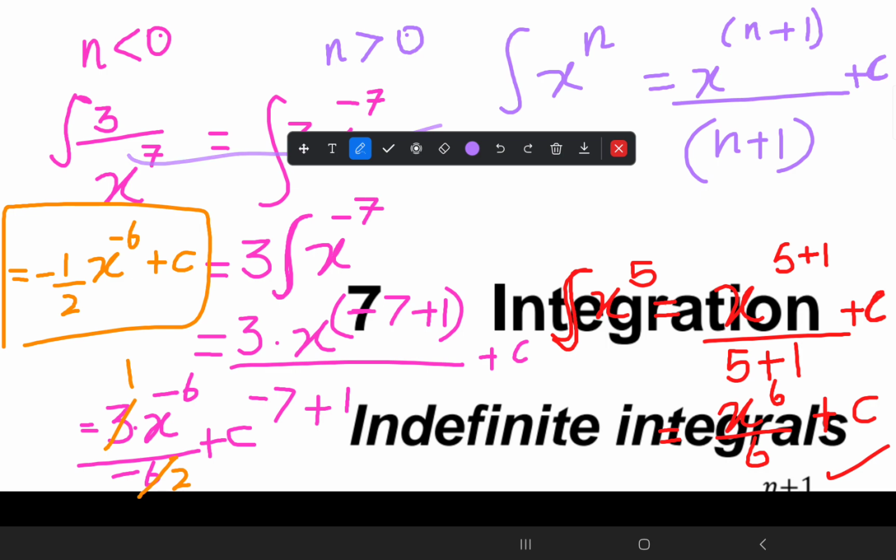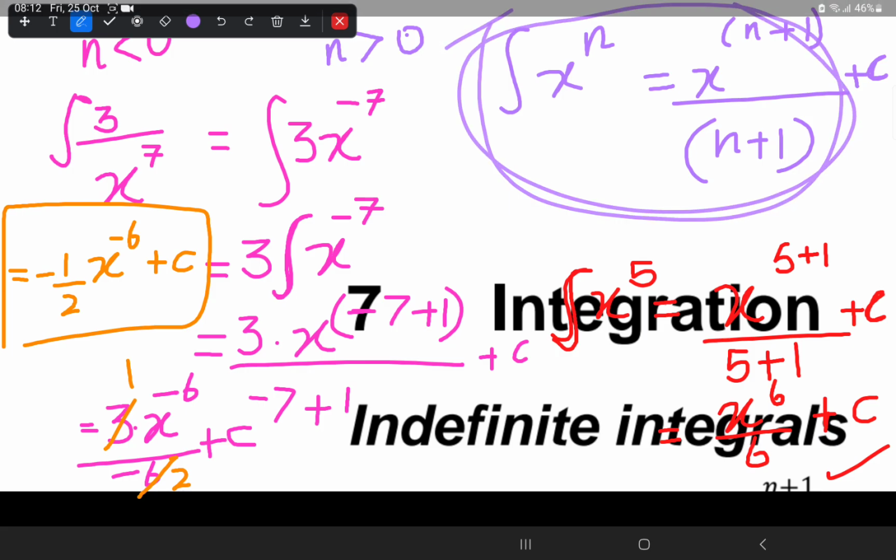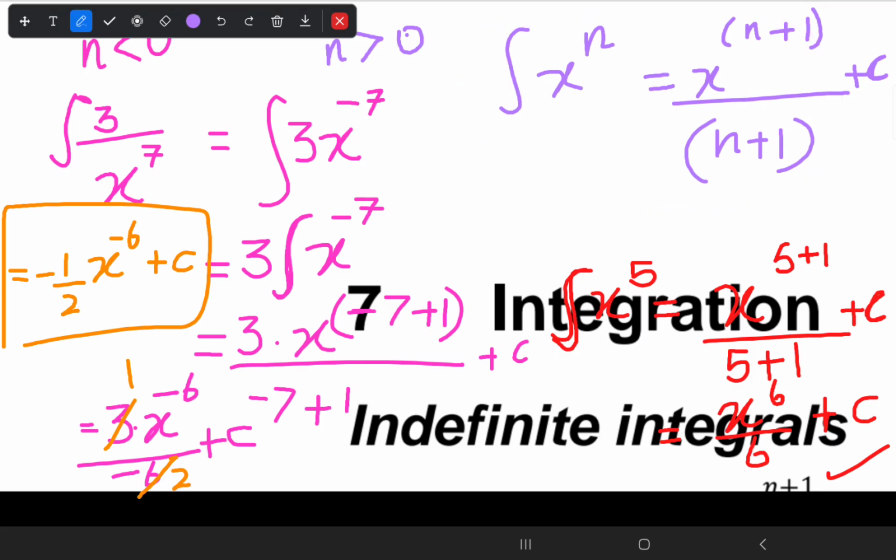First of all, I'll repeat once more what we did earlier. This is our formula: the integral of x to the power of n is x to the power of n plus 1, with n plus 1 in the denominator, plus an arbitrary constant.